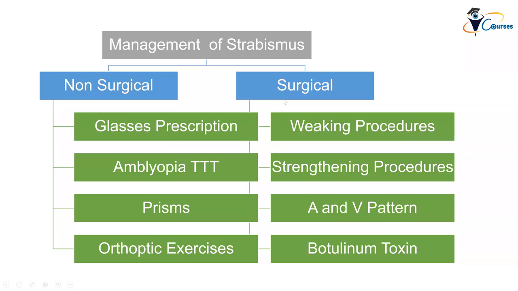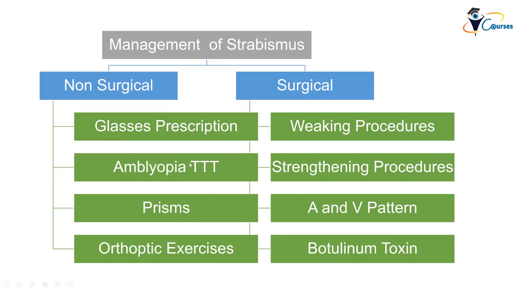While the surgical management will be weakening procedures, strengthening procedures, and the combination of both and different types of other surgeries for A and V pattern or the alphabetical pattern. And finally, the botulinum toxin injection as a temporary surgical relief of strabismus.